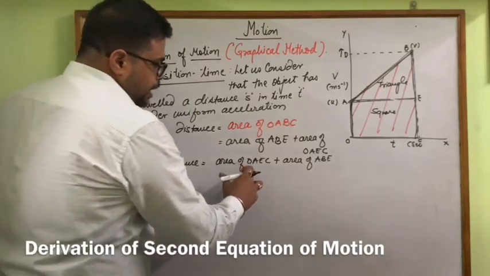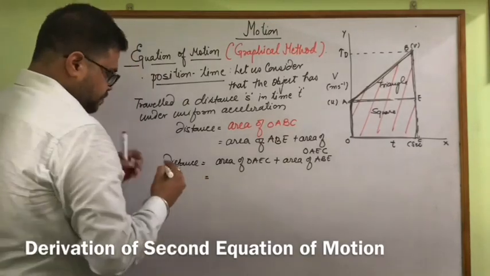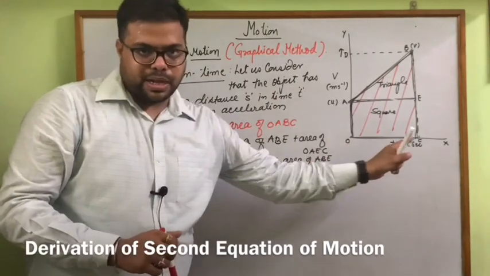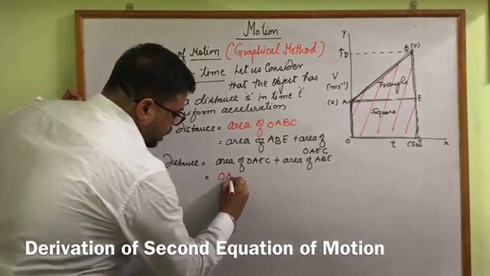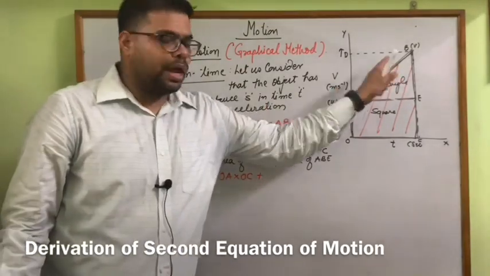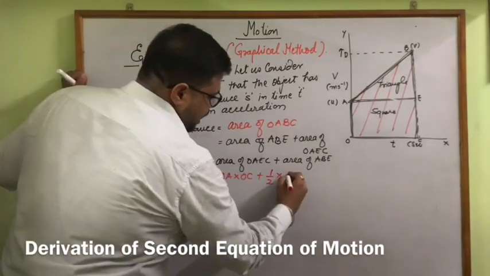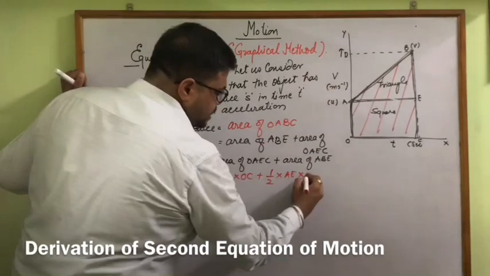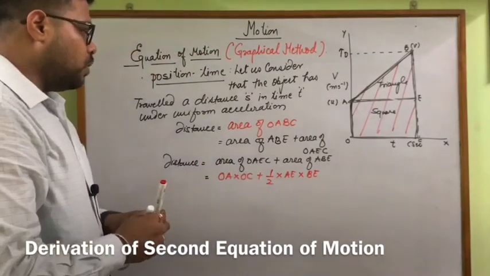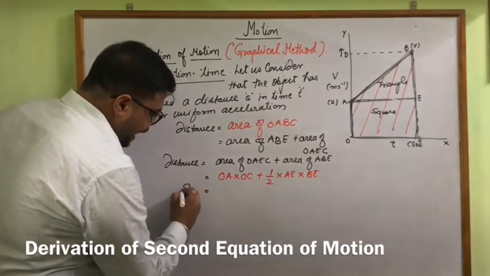Now see the area of OAEC, which is a square, we can write here. This is the area of a square, length and breadth. So OA multiplied by OC. Now the area of a right angle triangle is half into base, you can take AE, into height, which is BE, right? Now here we can write distance is s.